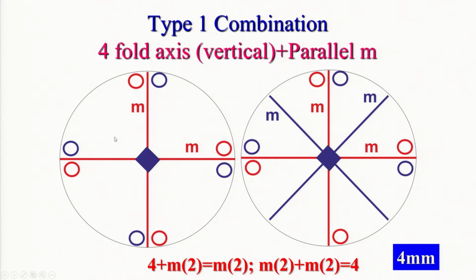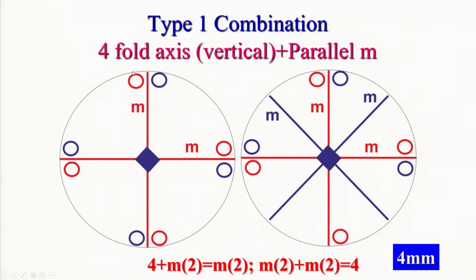So, these two mirror planes you can start with. If you start with one M, you have another M. Because the repeat angle is 90 degrees, M will be rotated 90 degrees and will come here.